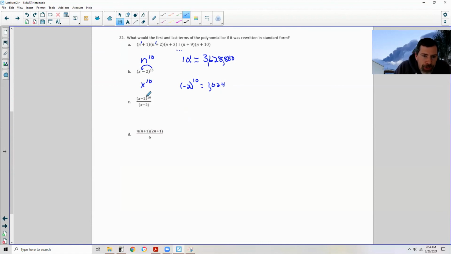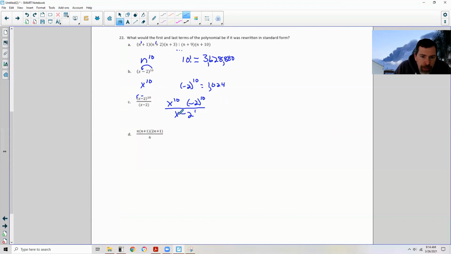Okay, so here we have the same thing. So if my first term were x to the 10th, which we got from up here, notice this here is b. So I got x to the 10th, and then something in between, and then negative 2 to the 10th out at the end, and I divide that by x minus 2. Well, the division property says to subtract exponents. So this is x to the 1.